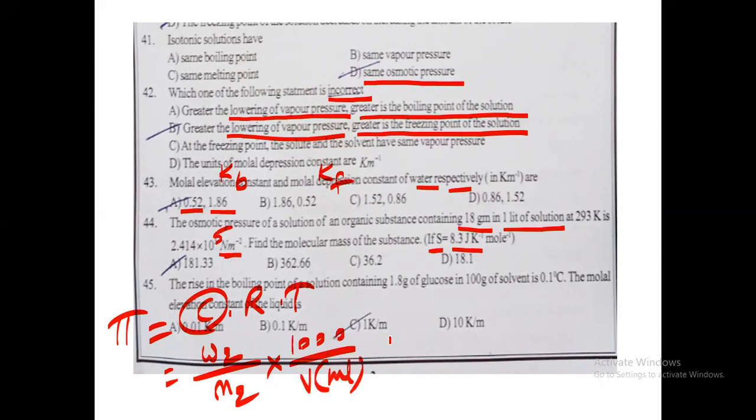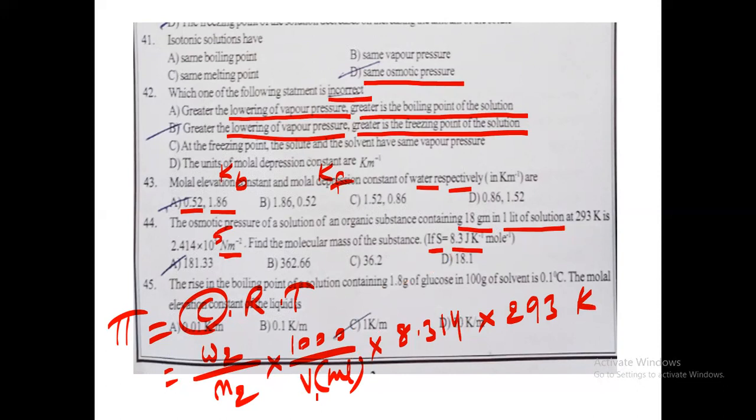Into R value, 8.314, into T value. The temperature in Kelvin is 293 Kelvin.